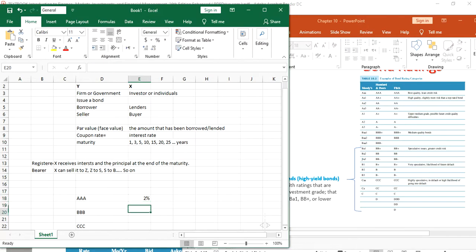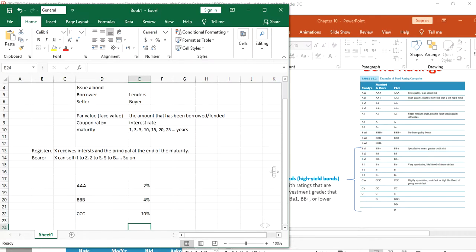But what about this one? This one can receive only for 4%. But what about this one? This one can be charged 10% because they are risky. There's the risk of default associated with them.